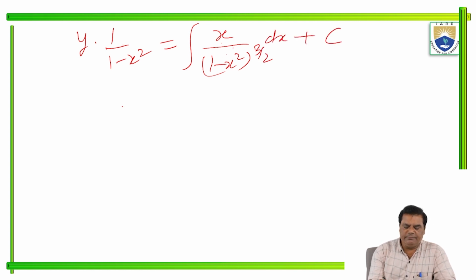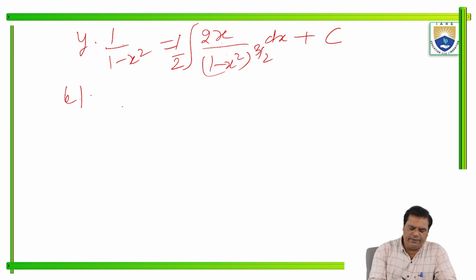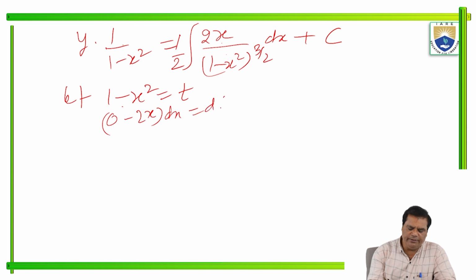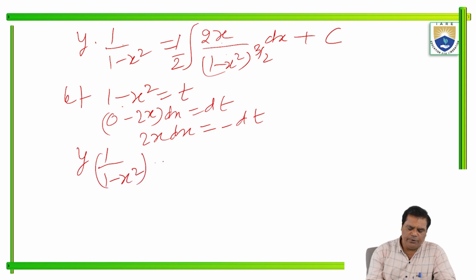Integrating this term, we multiply by 2 and divide by 2. Now let 1 minus x square equal to t. So 0 minus 2x dx is equal to dt, and minus 2x dx is equal to minus dt. Putting these values, y into 1 upon 1 minus x square is equal to 1 upon 2 integration of 2x dx, where 2x dx means minus dt.